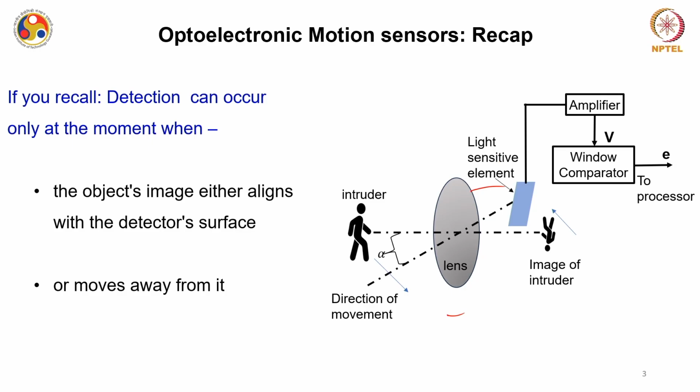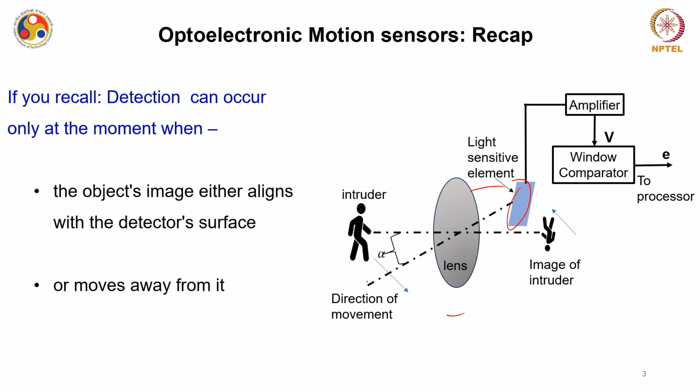The object's image either aligns with the detector surface or moves away from it. Only in that condition can we say that the object has been detected. So, detection can occur only at these two moments, when the object's image is aligned with the detector surface, or when it is moving away.